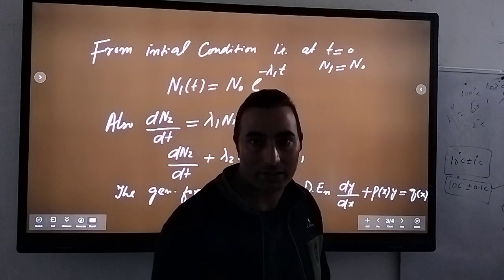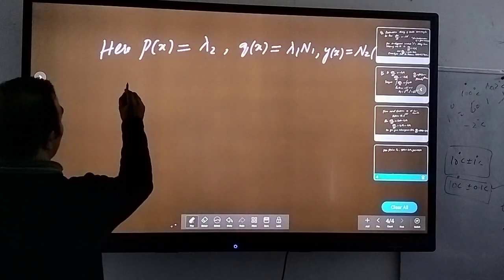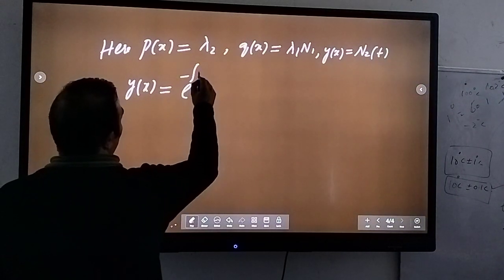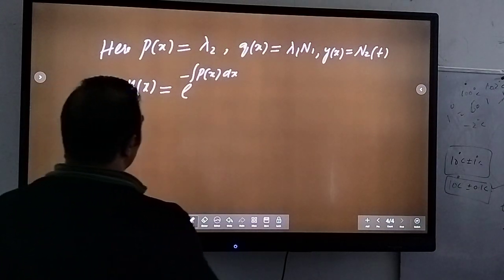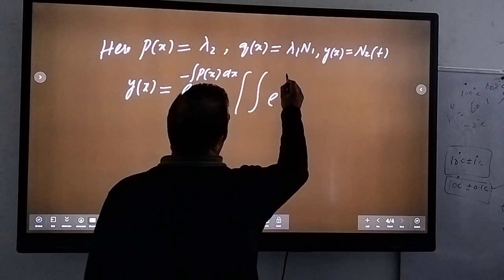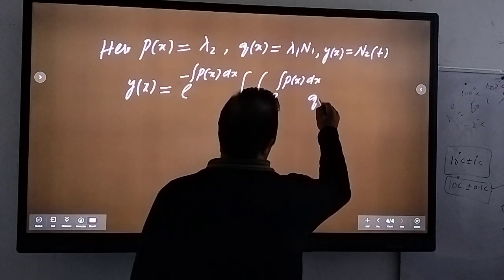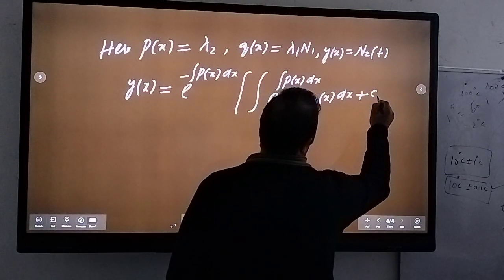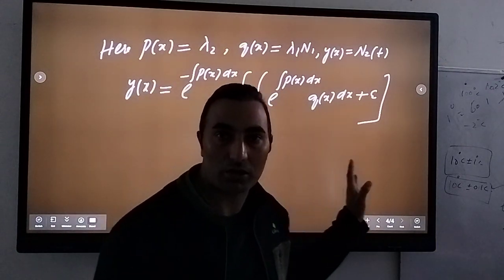So the solution for this inhomogeneous differential equation, y of x, will be equal to this, which is the general solution for this differential equation.